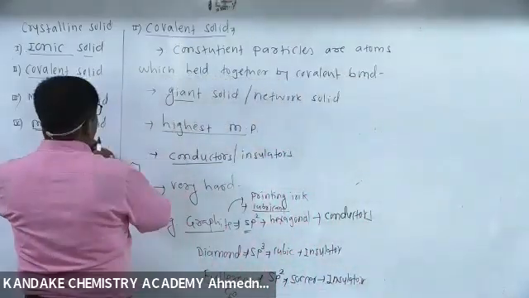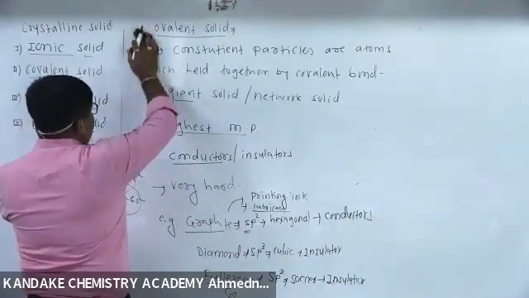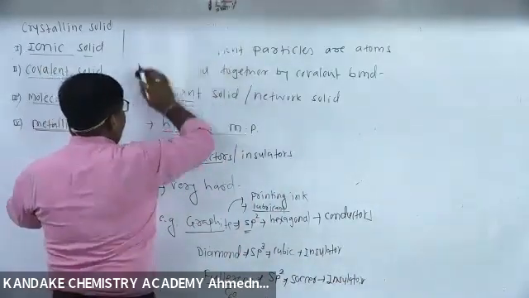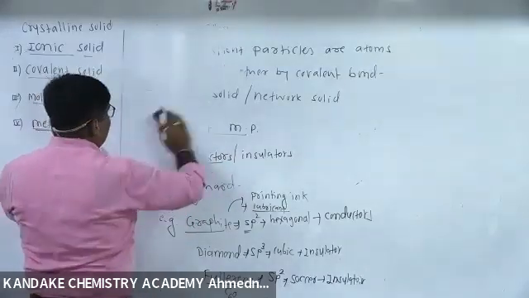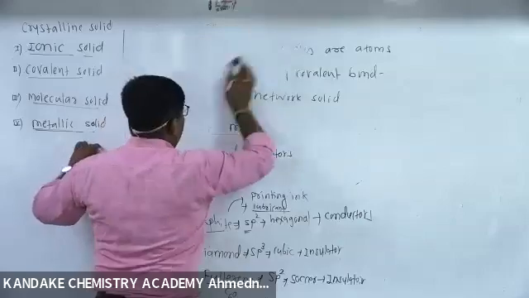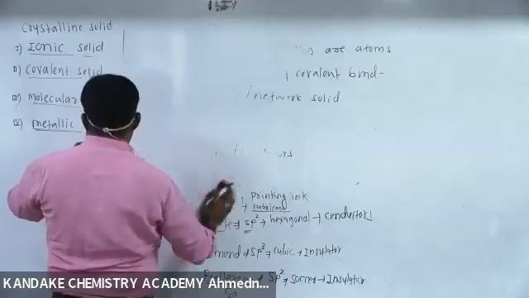The third type is molecular solid. In an ionic solid, what were the constituent particles? Oppositely charged ions. In a covalent solid, what are the constituent particles? Atoms. Now what remains? Molecular solid. So what are the molecular solids?